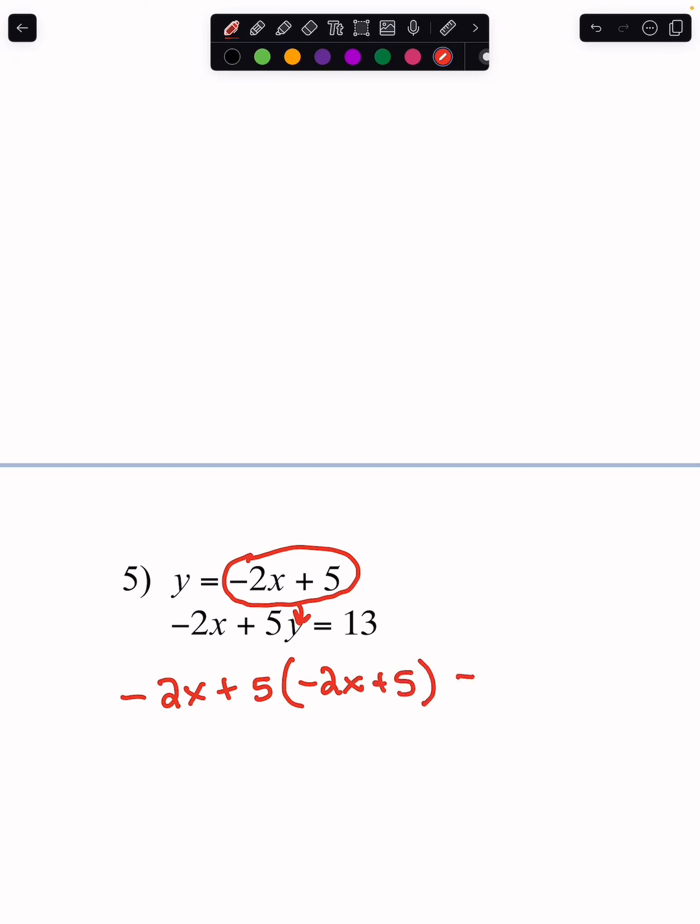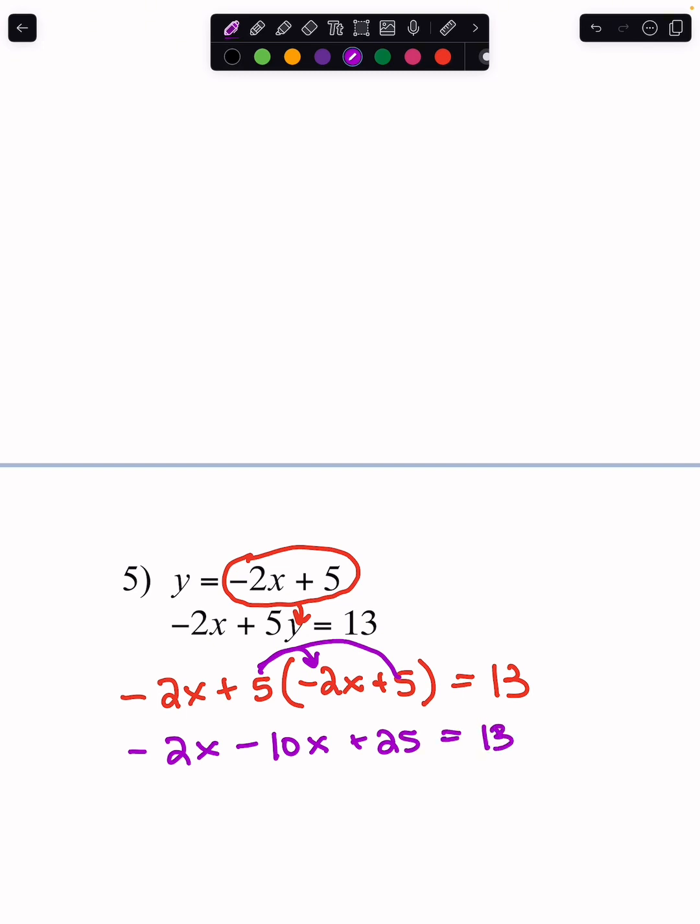And now from here, we can solve this. Go ahead and distribute. So this is negative 2x minus 10x plus 25 equals 13. I'm going to combine like terms right here.